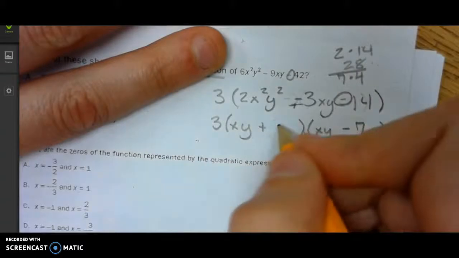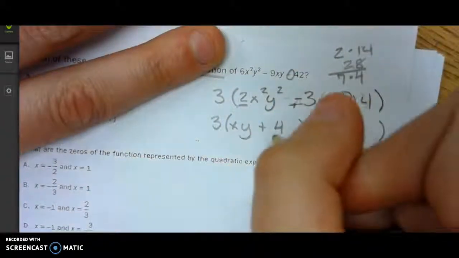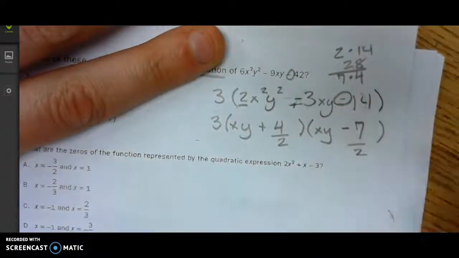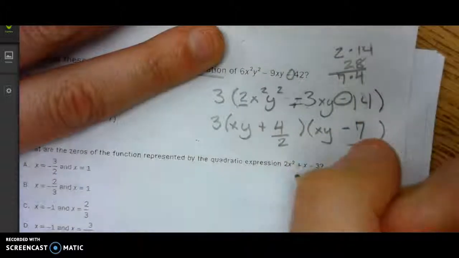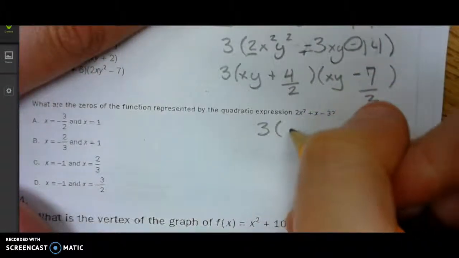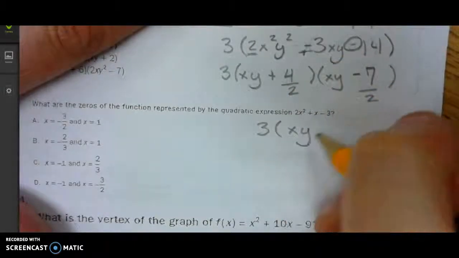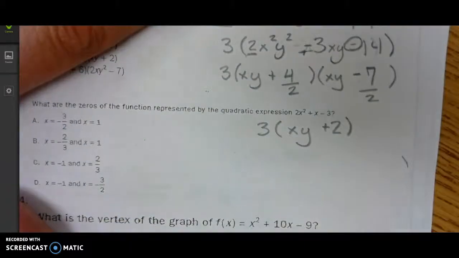So 7, 4. If I multiply in the beginning, I have to divide in the end. My leading coefficient is 2, so I'm going to divide this by 2 and this by 2. So I'm going to skip down under this. 3 stays. This divides by 2, so we're going to just put xy, plus 4 divided by 2 is 2.